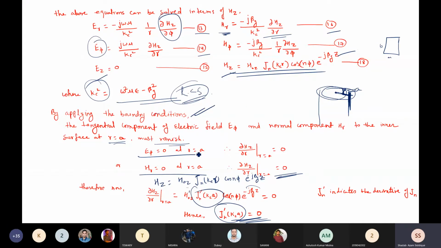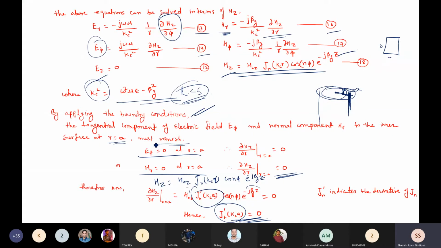After applying the boundary condition at r equal to a, the inner surface of the circular waveguide, the tangential component of the electric field and the normal component of the magnetic field will be 0. The tangential component will be E phi, which is equal to 0, and the normal component of the magnetic field is Hr, which is equal to 0.